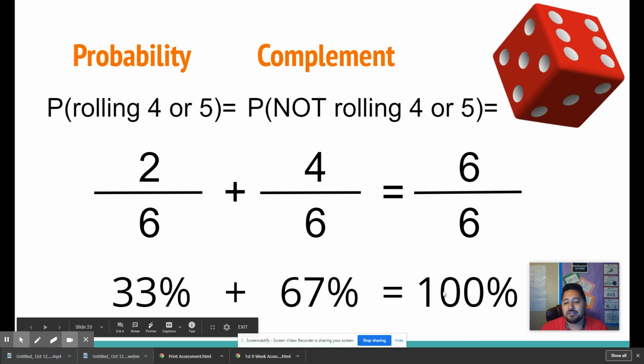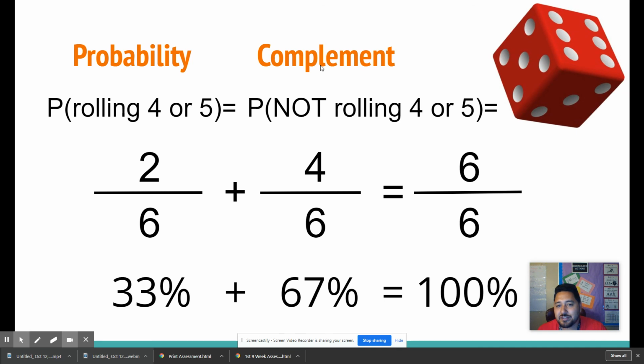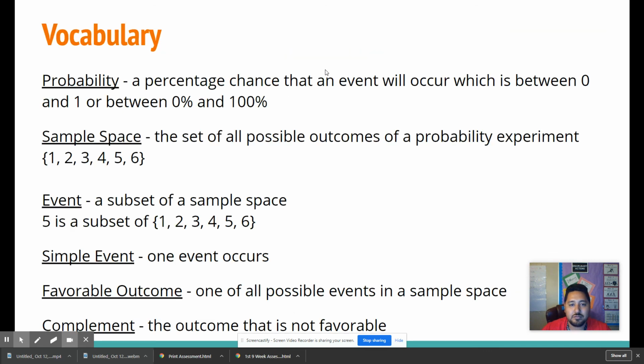And altogether, there is a 100% chance of happening, because when we look at the relationship between these two, there is a 100% chance that we're going to roll either the probability or its opposite, or complement. Okay? So I hope you see what I'm getting at, which is that the probability and its complement are worth 100% of the total possibilities.